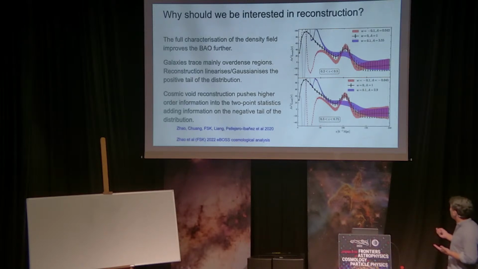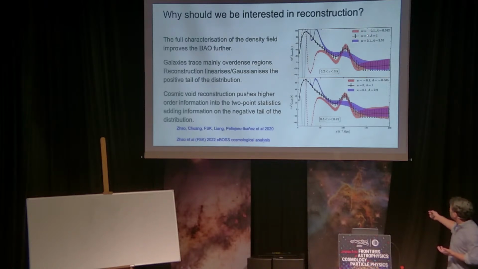So what we did here in several papers led by Cheng Zhao was to combine both data sets, and it happens that, as expected, cosmic voids are anti-correlated with galaxies, and the BAO is anti-correlated. So the way of combining them needs a weighting factor which is negative.